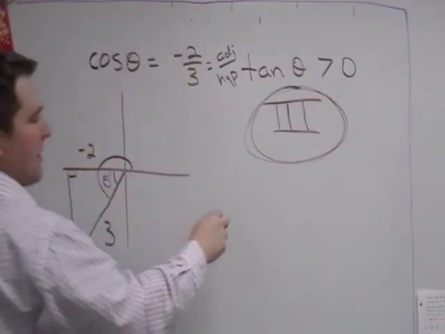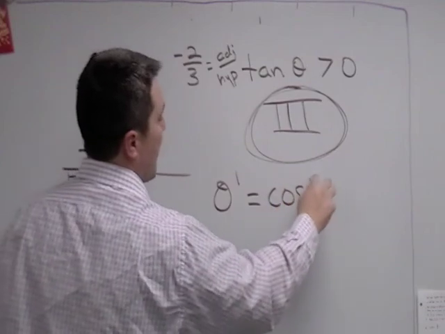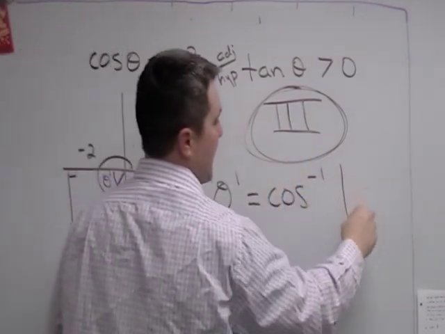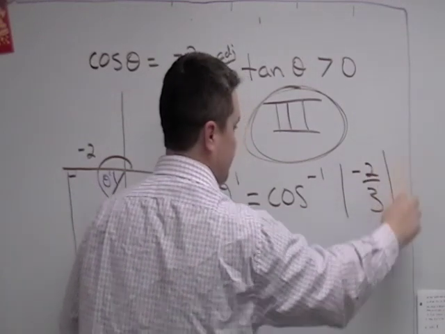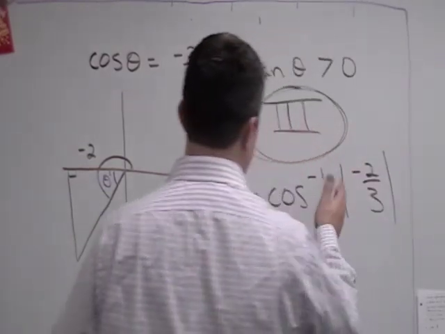I can find theta prime. Theta prime is going to equal cosine inverse of the absolute value of -2/3. Whenever you use the cosine inverse, you're finding an angle.